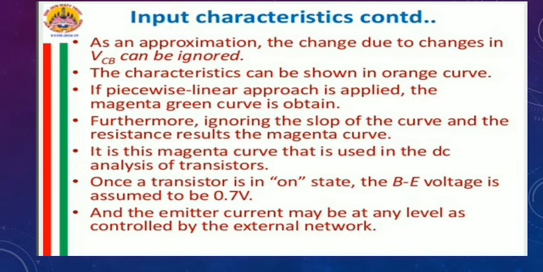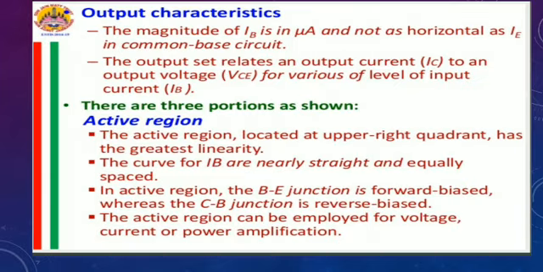Okay students, that is the ratio of changes in base emitter voltage to the changes in base current at constant collector emitter voltage. Now, the output characteristics. There are three different regions present in those characteristics. Before that, what is output characteristics?